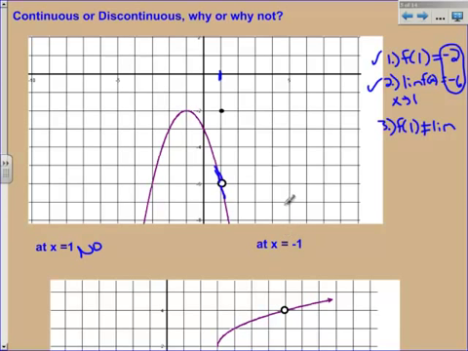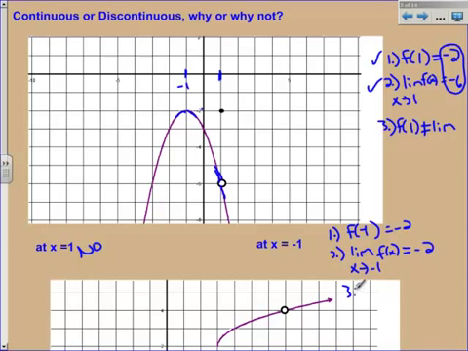Therefore, we say for x equals 1, no. Now let's try x equals negative 1. X equals negative 1 is over here. What is f of negative 1? Well, it is negative 2. Number 2. What is the limit as x approaches negative 1 of f of x? So we go to the graph and we look a little to the right and a little to the left, and we see that limit is approaching negative 2.